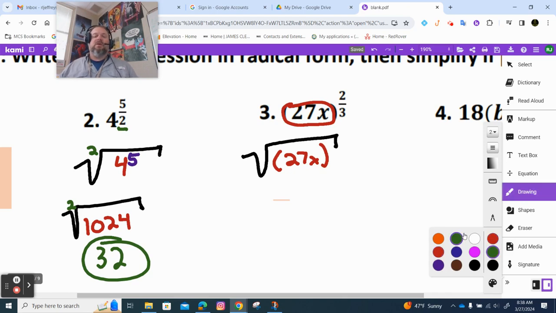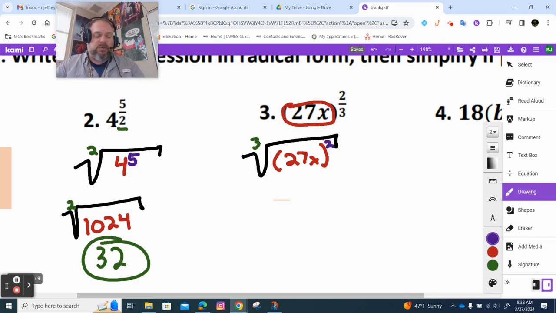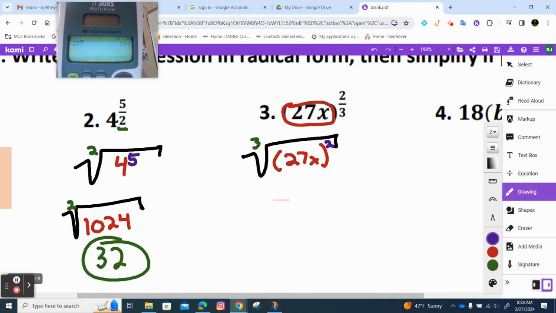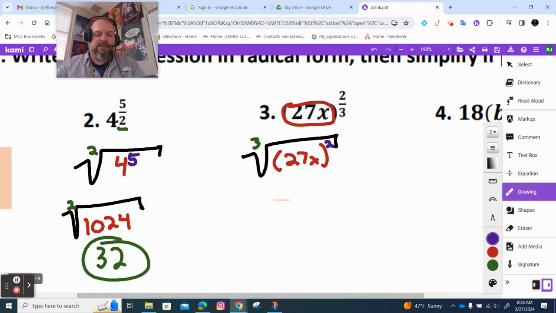What goes in the gutter? 3. What is the power? 2. All right. Let's see what 27 squared is. 27 squared is 729.